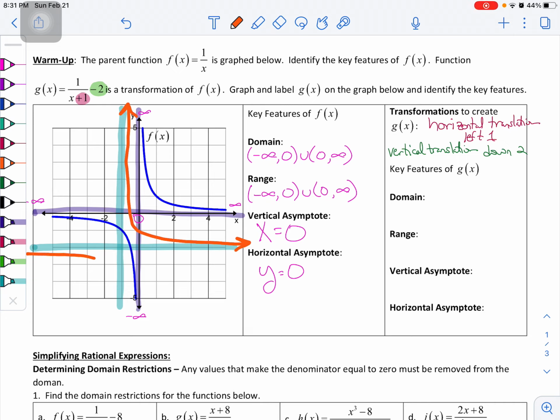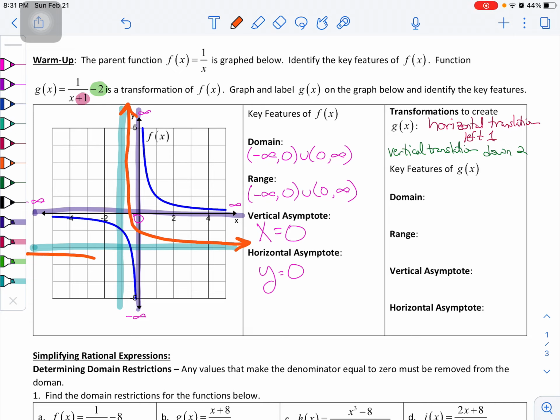So these are going to be what I'm going to use for the domain and range. So domain, I'm going to throw out this value here for the vertical asymptote. So negative infinity to -1, union -1 to infinity. And then for my range, I'm going to throw out this -2 value. So negative infinity to -2, union -2 to infinity.